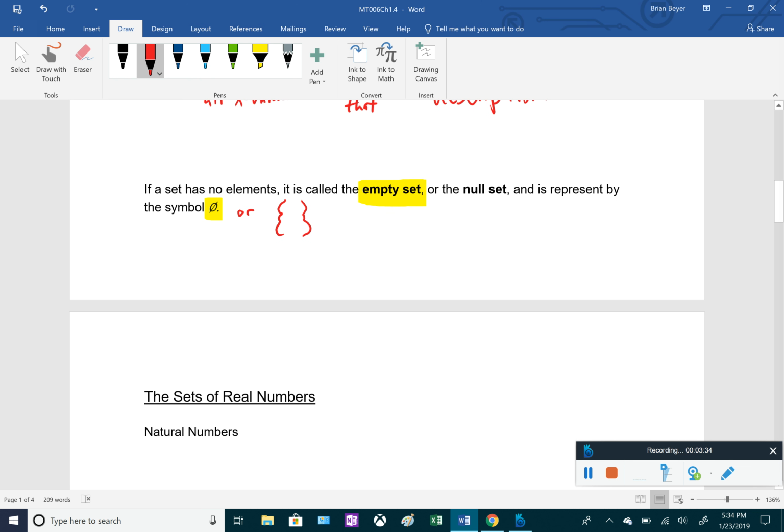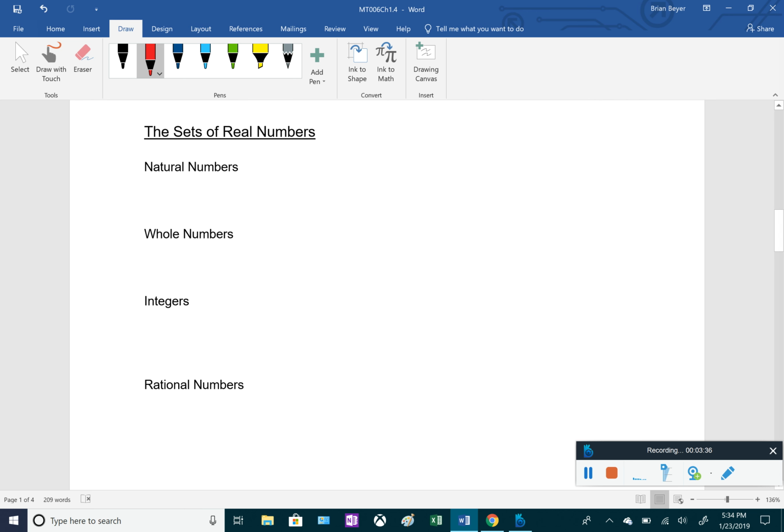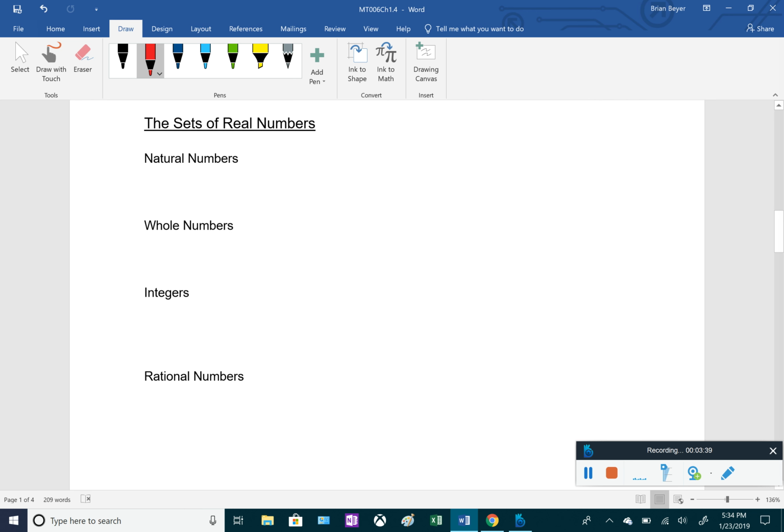Okay, let's get to the next thing, where we describe several really important sets of numbers. For the first one, let's look at the natural numbers. We've already done this. The set of natural numbers is 1, 2, 3, 4, 5, 6, 7, and so on. We denote this with a capital N with that little double backbone on the end. This is the set starting at 1, just positive integers.